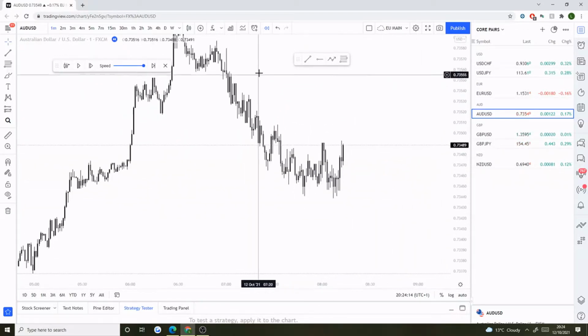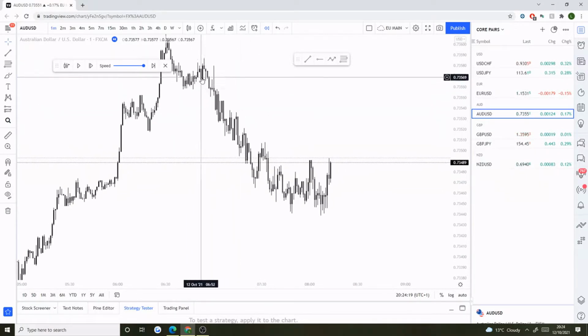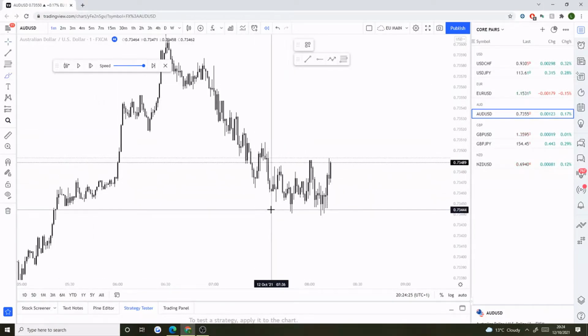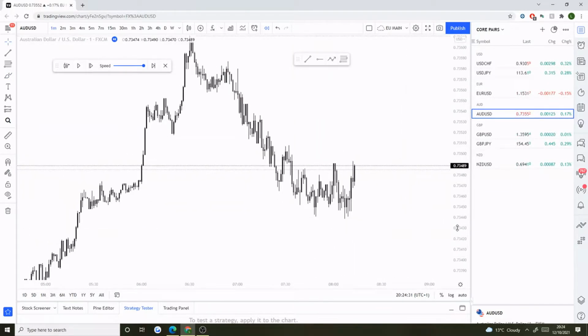What we can see, it's been moving down since pretty early in the morning, with this corrective nature, and then we start to see price struggling to move lower here. It's not really breaking below this area where all the wicks are from.